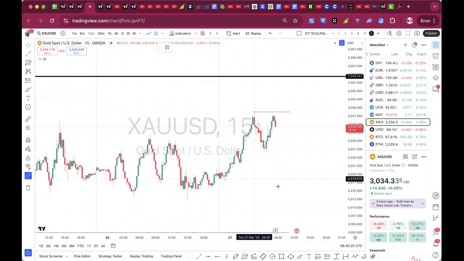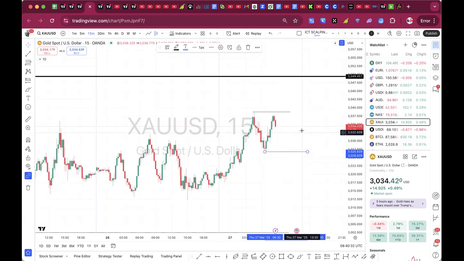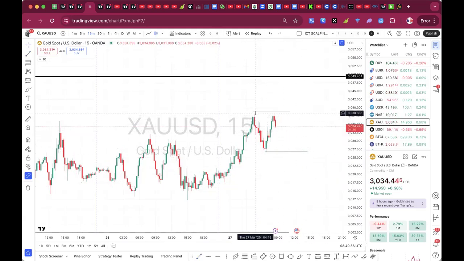So remember price action, support, and resistance. So I've marked this. Okay. Now there are two things I've marked: the recent swing high and recent swing low. All right, recent swing high and recent swing low. Those are the things first marked.